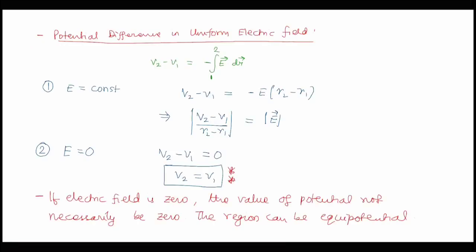The next point, or the third point which we state over here, is that the negative sign in this expression is signifying that the electric field is in the direction of decreasing potential.